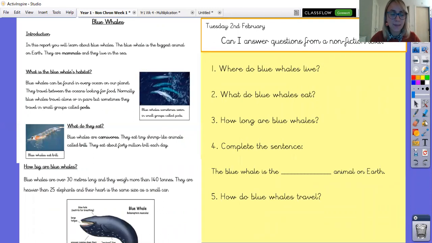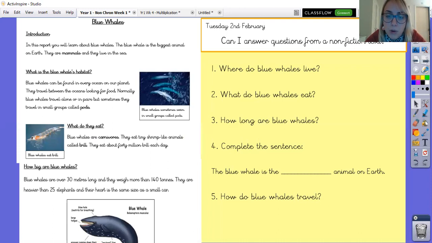Okay, so today's main learning is to answer questions from a non-fiction text. So it's really important, as well as reading information, to be able to take it in and understand it. So we're going to answer some questions today, and this is your main learning for the day.